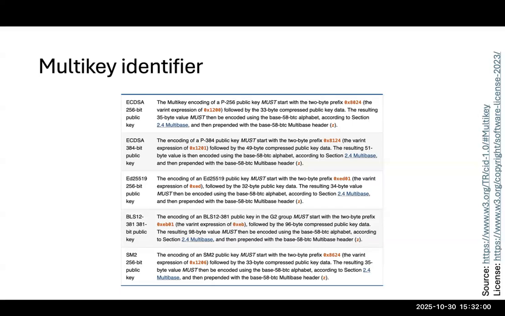But essentially, what changes between one and another is the prefix, the 2-byte prefix, and then you use the same encoding and decoding algorithm. And all of them specify the header in front.